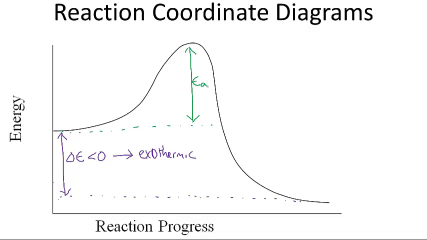The other way that the marble visualization is helpful is that if you imagine rolling a marble up this hill and down the other side, when it gets to the other side, is it going to be moving faster or slower than it did at the beginning? It's going to be moving faster because it has come down a bigger hill than it went up.